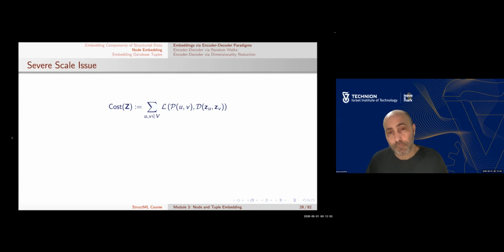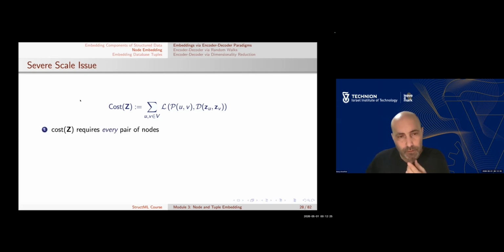One repeated issue is that of scale, a practical issue. And this is basically the issue of how demanding this cost function is. There are two issues of scale here. First, the cost requires going over every pair of nodes.